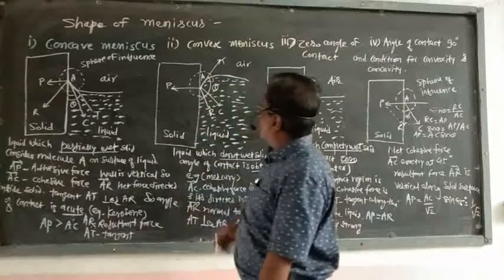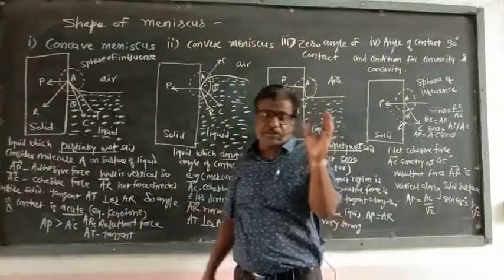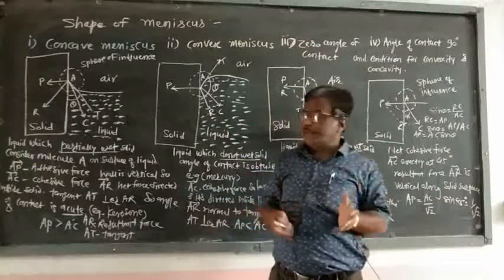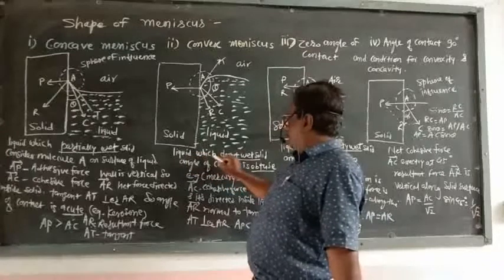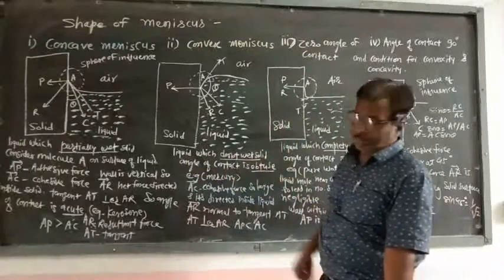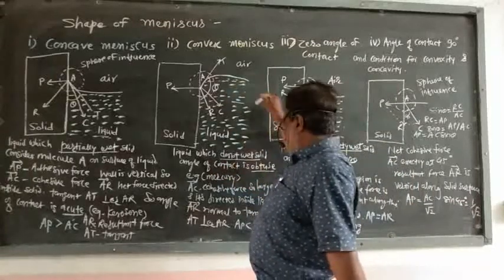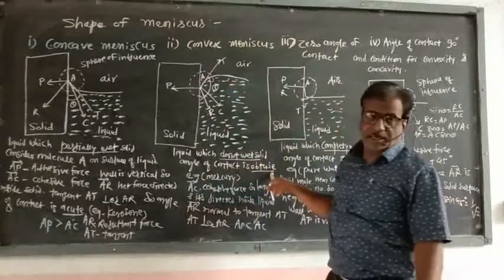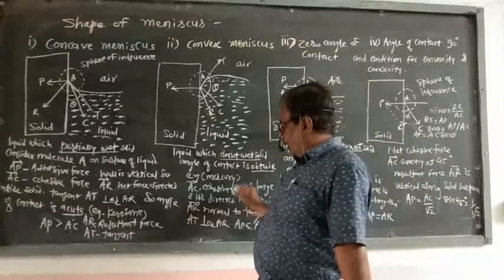Similarly, we see the second case, the convex meniscus, when the meniscus of the liquid surface is convex. For that, we consider a liquid which does not wet the solid. Here the angle of contact is obtuse. Obtuse means greater than 90 degrees. This is the example of mercury and glass.